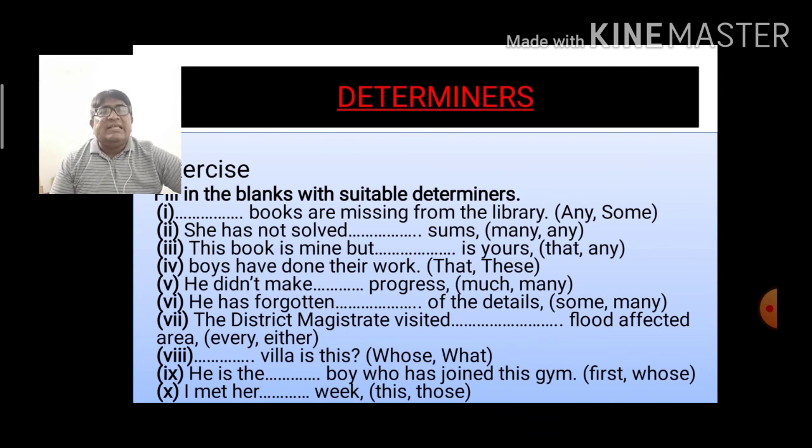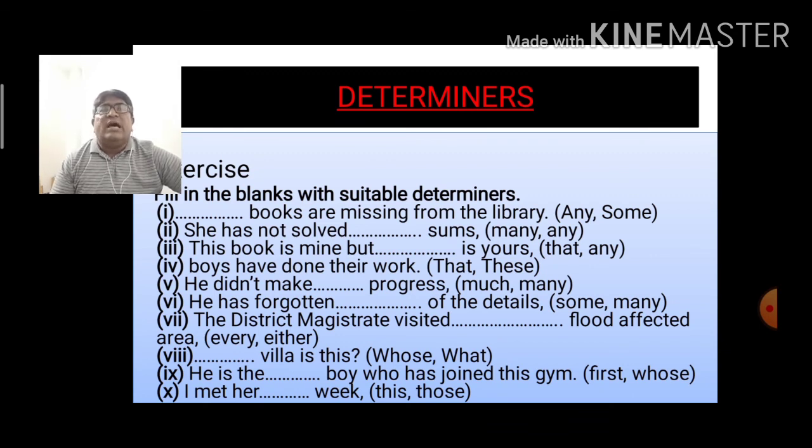Dash villa is this? Whose villa is this? So here is an interrogative determiner. The next: he is the dash boy who has joined this gym. He is the first boy. So here a number is used. Numbers are of two types, cardinals and ordinals. Cardinal numbers are 1, 2, 3, 4, 50, 100 and so on.